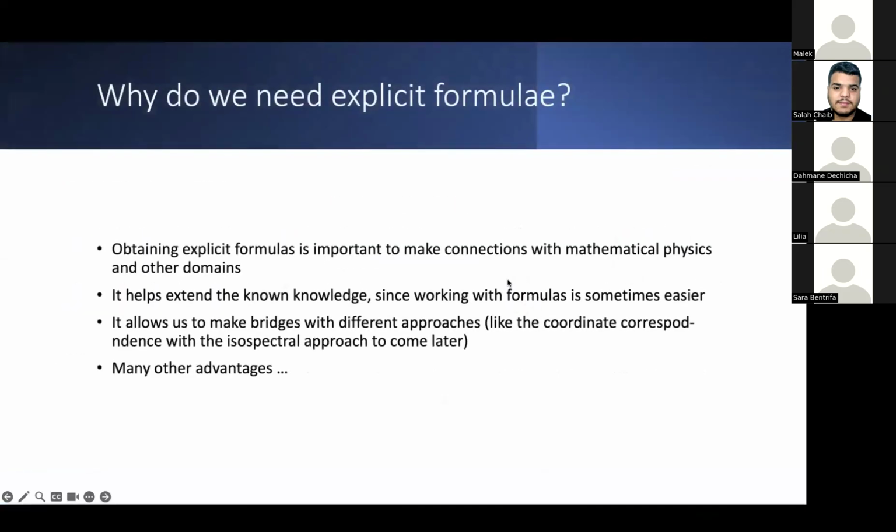So why do we need explicit formulas if we know that we have the symplectic nature and the symplectic structure? First of all, to make connections with mathematical physics and with other domains, we need these general explicit formulas with the general orders, with the general pole structure.